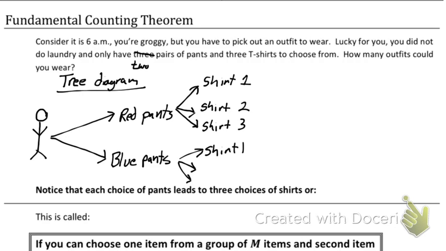So I have shirt 1, shirt 2, and shirt 3. So if I pick red pants, I have 3 choices of shirts. So these are all 3 outfits I can wear with red pants. If I grab blue pants, I have 3 more outfits I could wear. So I have a total of 6 outfits I can pick from.